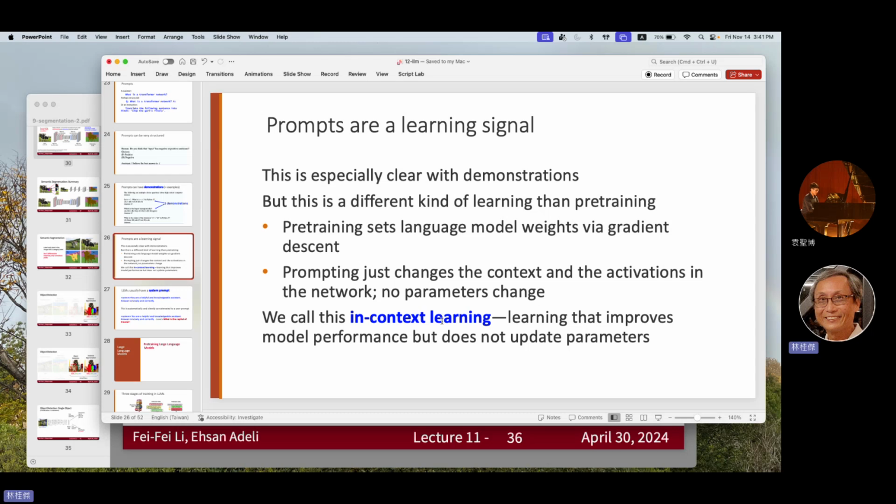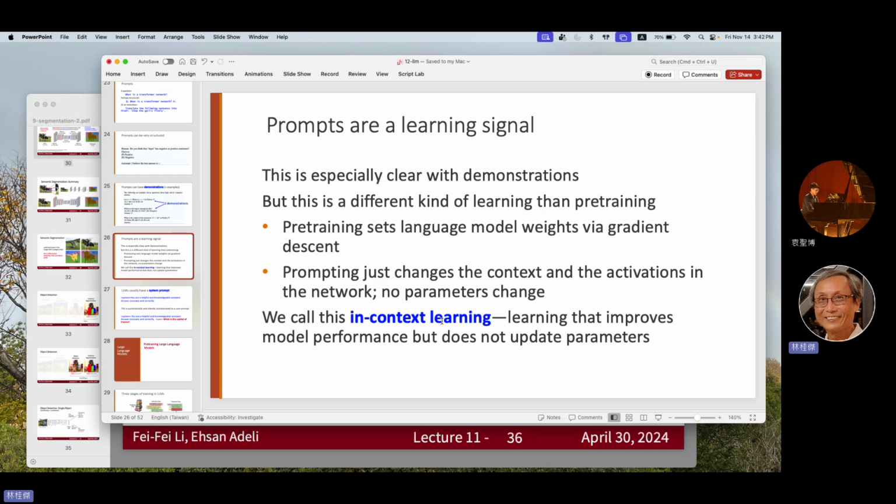But those prompts actually include some information that may not be in the large language model, or maybe something more specific than the language model. And by using that, when we talk to the language model, it knows that whatever you said is already given. So those are the context, and you will try to use that context to produce the output. So in-context learning can improve the model performance, but does not update the parameters.